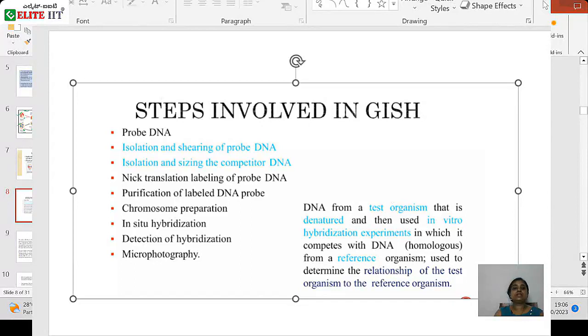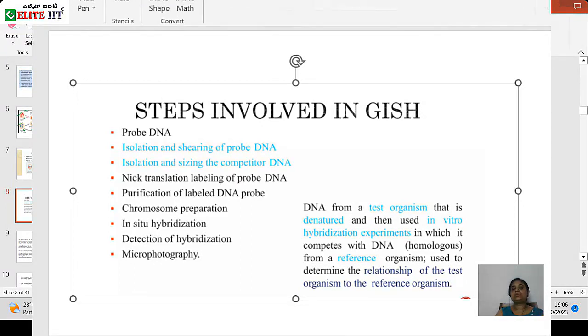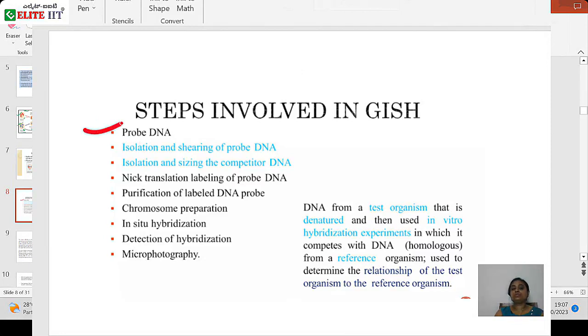Initially it is similar to FISH, but a few new things are happening in this process. First of all you have to prepare the probe. So probe DNA, then isolation and sizing of the competitor DNA.